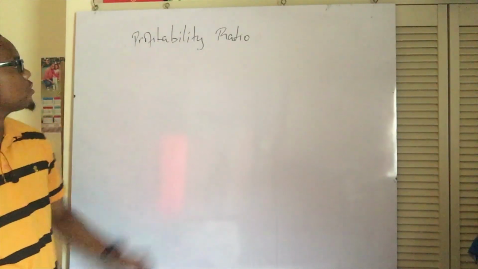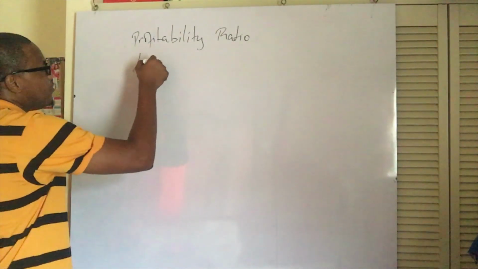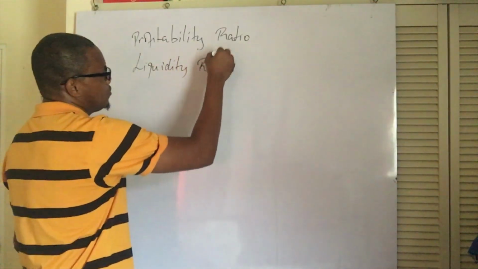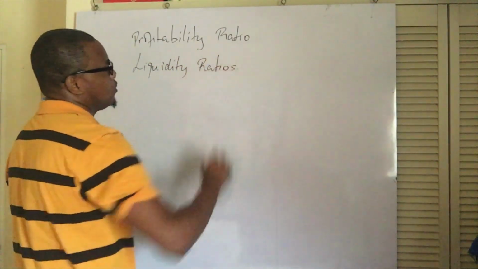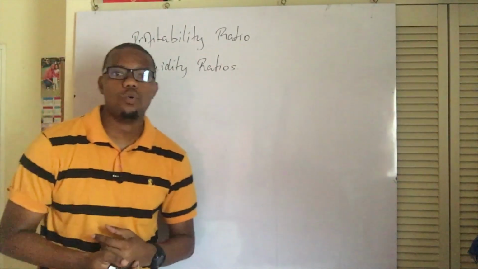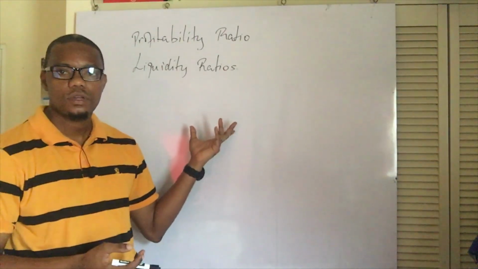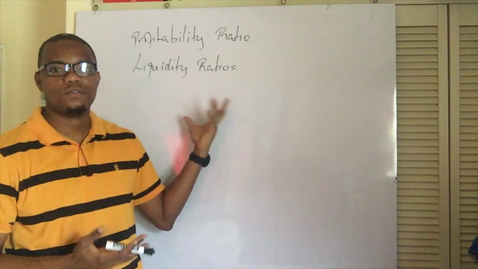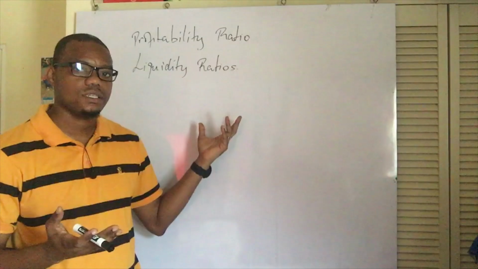And then we have liquidity ratios. Liquidity ratios simply tell us how the business would cope if liquidated, or how easily the business's assets are to convert to cash. Basically that.